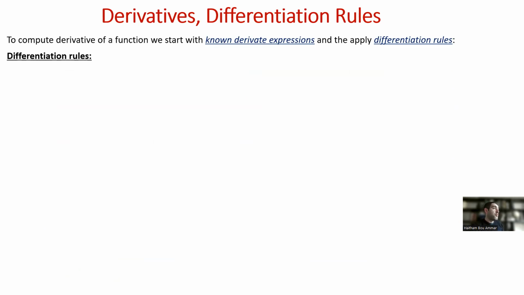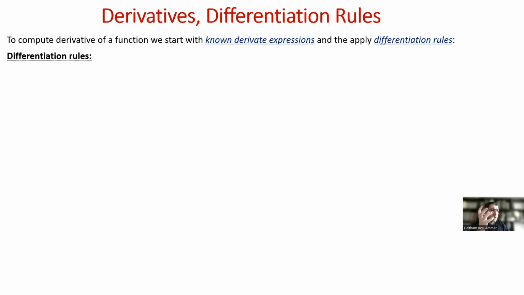Now, another important thing that we definitely need to cover is this: assume that we establish these known derivatives for this set of functions. But what if I have something more sophisticated, some more complex functions?